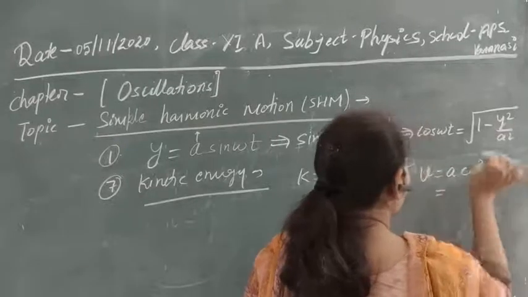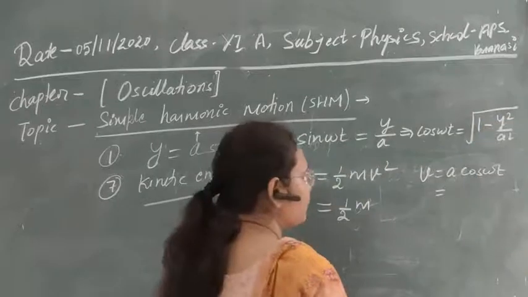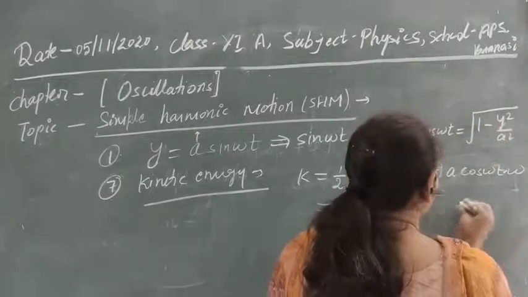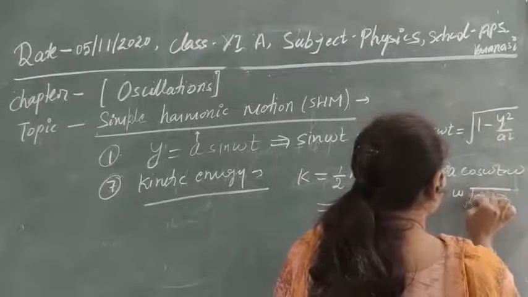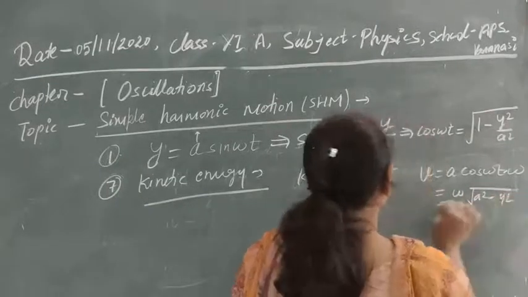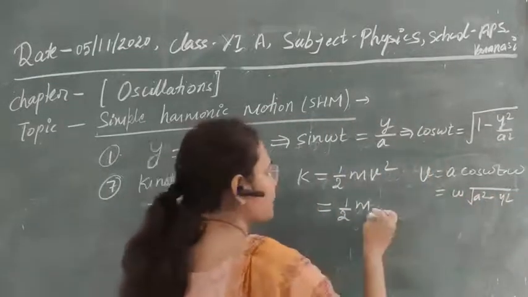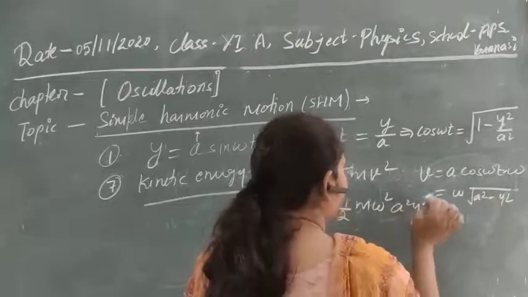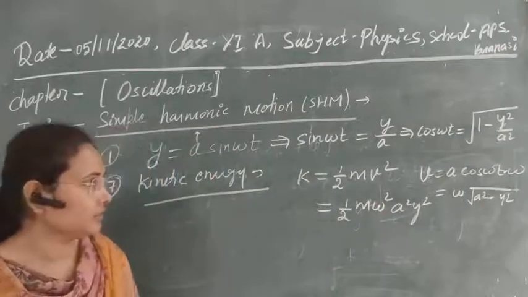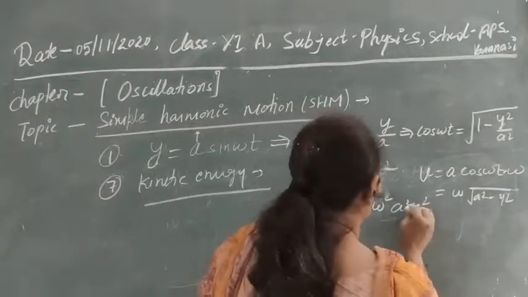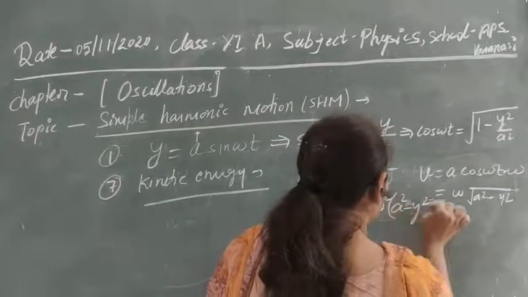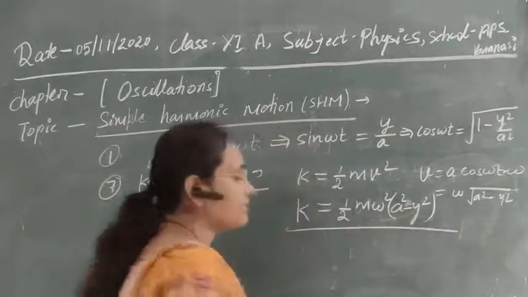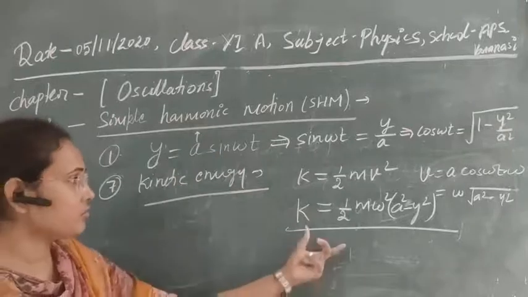In place of cos omega t, we can put this value, and after solving it, we finally get omega root of a square minus y square. So in place of v square, we can put this value, and finally we obtain half m omega square into a square minus y square.